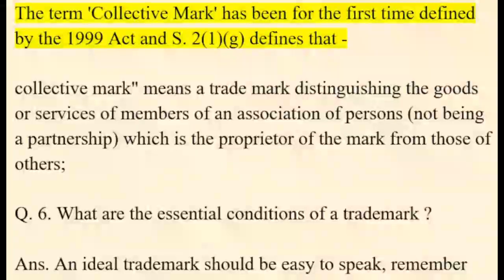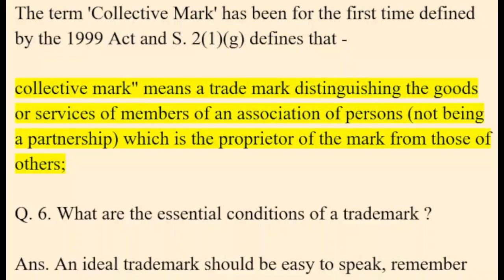The term collective mark has been for the first time defined by the 1999 Act, and Section 2(1)(g) defines that collective mark means a trademark distinguishing the goods or services of members of an association of persons, not being a partnership, which is the proprietor of the mark, from those of others.